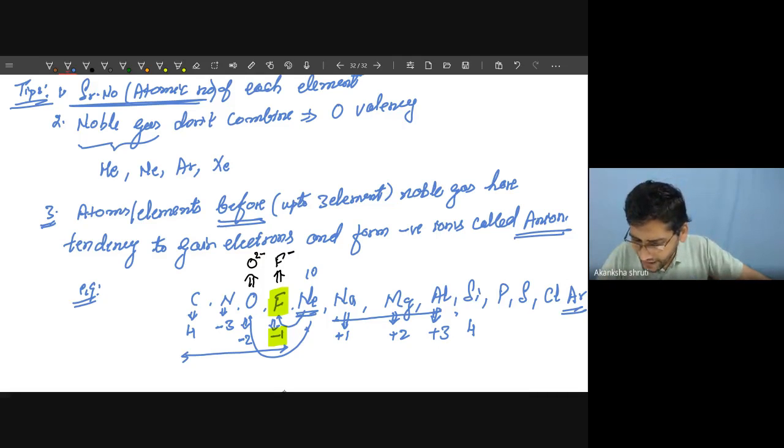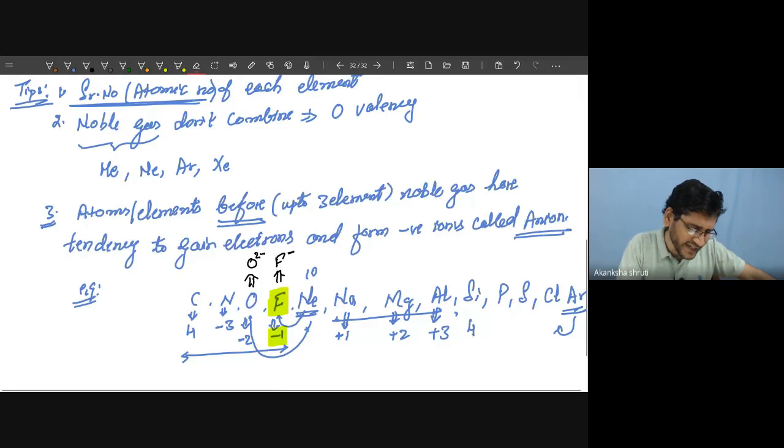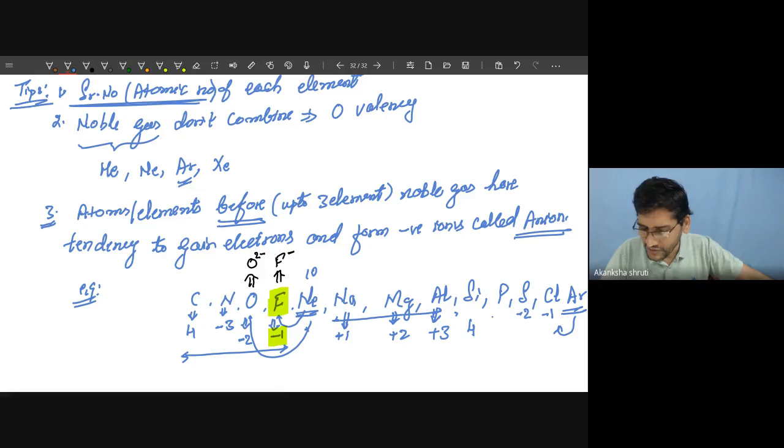Now going ahead, these three are just before argon. So we shall start thinking from argon as before, not after. This is the trick that you have to keep in mind. Chlorine is just before argon, which is a noble gas, therefore it is 1 before argon, so -1. Sulfur, 2 before, so -2. Phosphorus, 3 before, so -3.